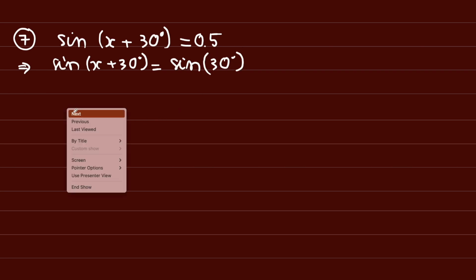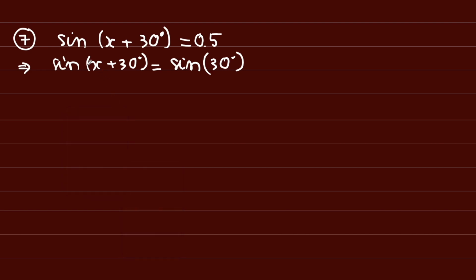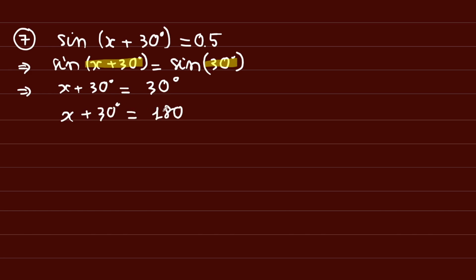Okay, and now we have two angles. The first angle in the left hand side and the original angle in the right hand side. And we need to apply the general solution for these two angles. The first one, keep them unchanged. And for the second one, take the supplementary relationship. 180 degree minus 30 degree lies here inside the bracket.